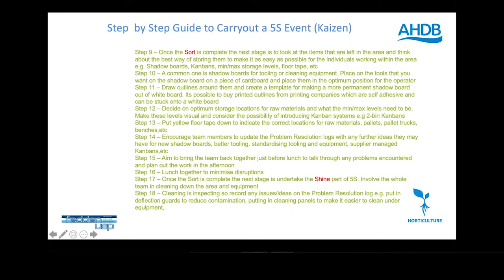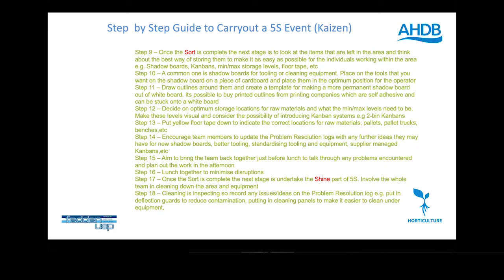So this is the set bit. Shadow boards using yellow tape, using min-max levels, Kanban systems. So two bins of consumables. When one bin empties, the empty bin is the trigger for replenishment. Little systems like that make sure that we never run out of consumable items.